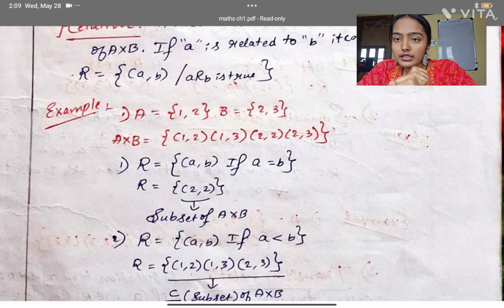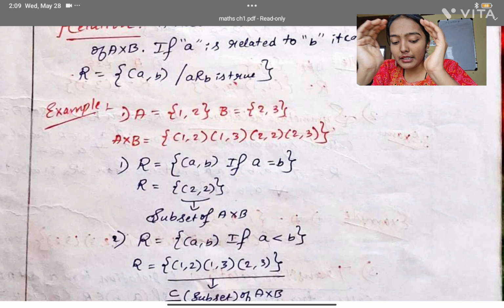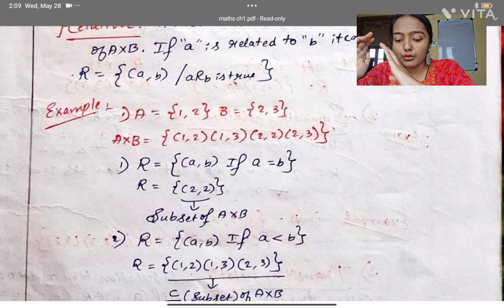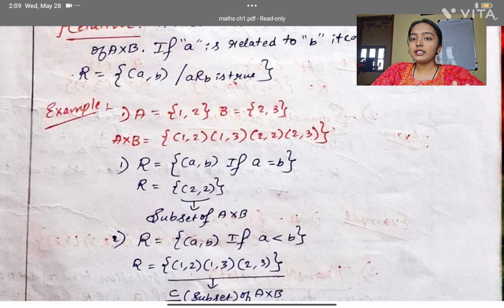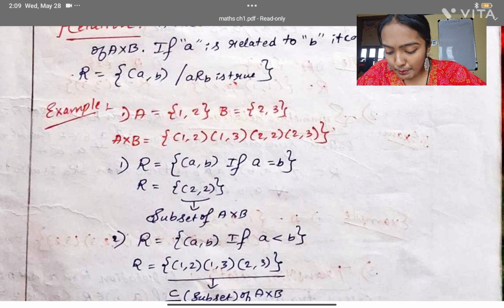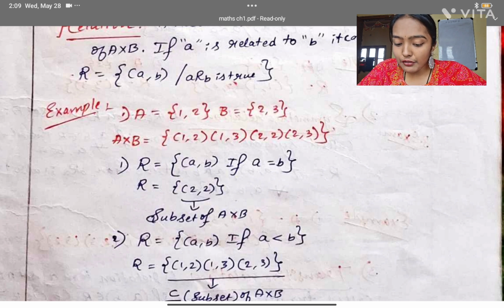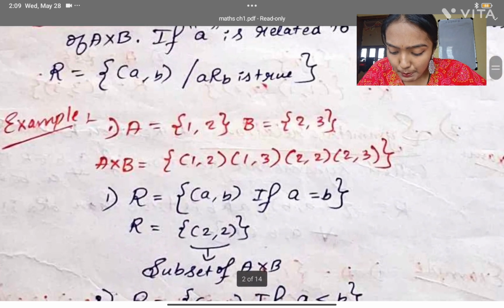When we cross, we get subsets, like 1,2, 1,3, 2,2, 2,3. R equals A comma B means A comma B can be a subset from this particular A cross B product.